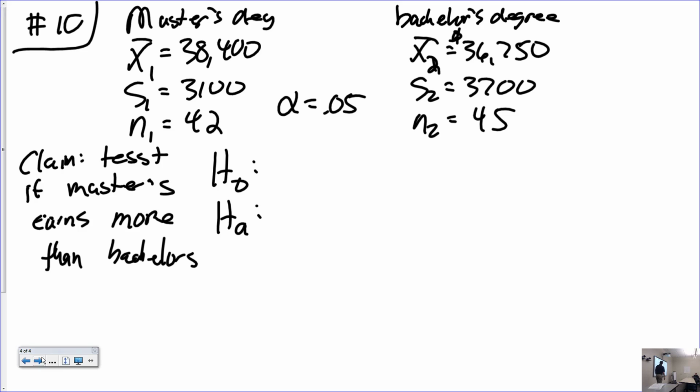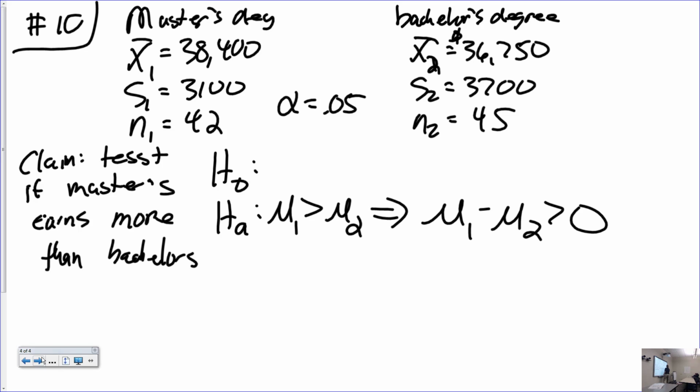So what do we want to have true? We basically want to have the master's degree be more than the bachelor's degree. We want to believe that mu1 is greater than mu2. And this tends to be how I write it. I write it like it's a test of comparing the two populations at the beginning and then convert it into a subtraction. If you can do the subtraction in one step, that's fine. I have no problem with that. But I do this just so that I can see what I'm doing first and then convert it into what do I have to test second. All right?